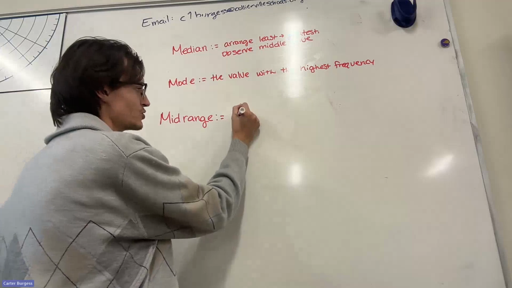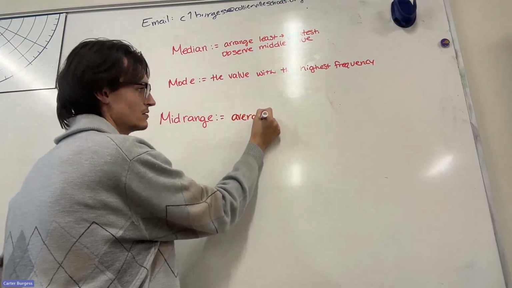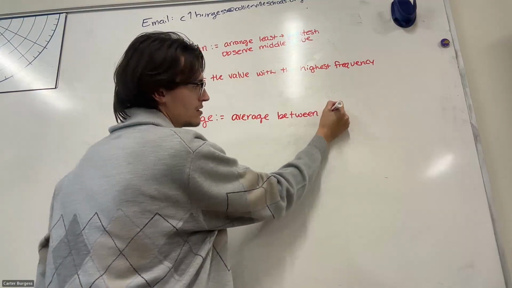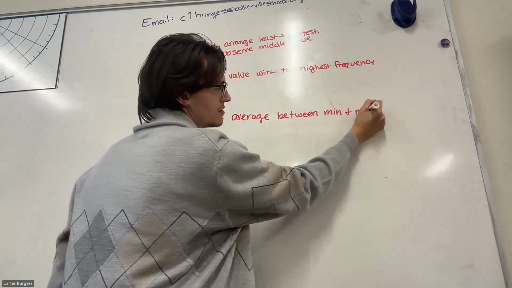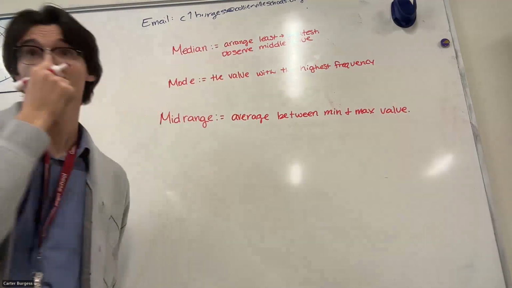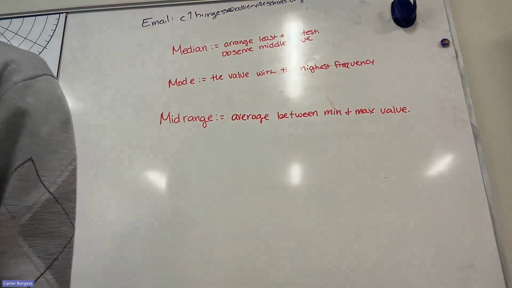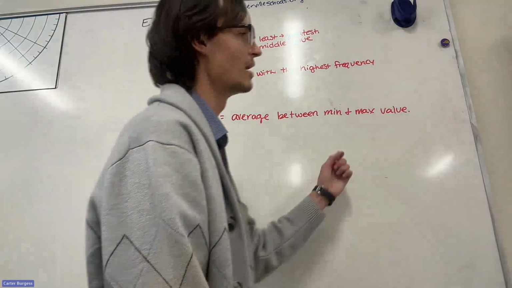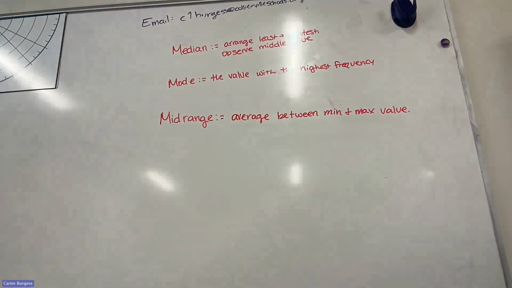This is just the average between the minimum and the maximum value. It doesn't care about any kind of distribution. We don't care about, are we closer to one or the other? Do we have outliers? Things like that. This is very, very simple.